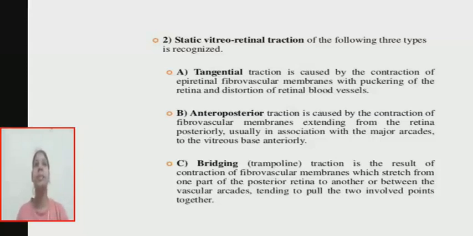C. It's the bridging, trampoline traction. It is the result of contraction of fibrovascular membrane which stretches from one part of the posterior retina to another or between the vascular arcades, tending to pull the two involved points together.